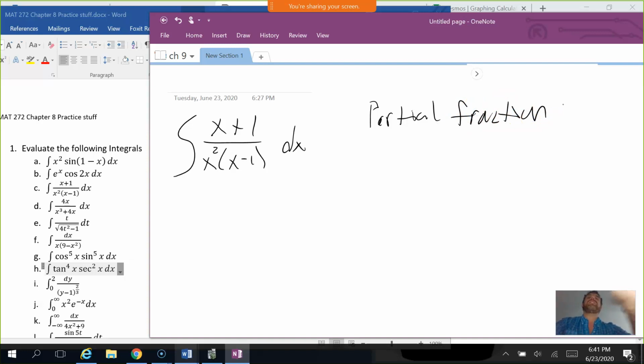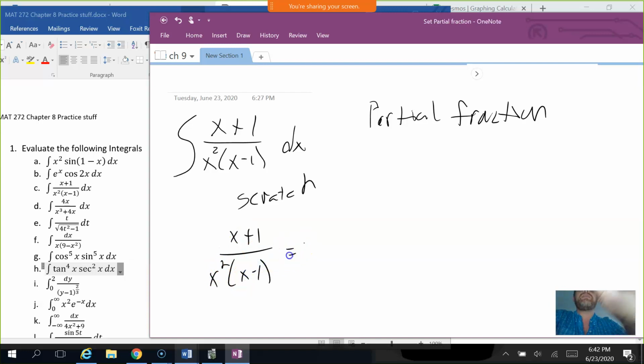So what I'm going to do is go over to scratch paper, and we want to find the partial fraction decomposition of x plus 1 over x squared times x minus 1. We have two linear factors, x and x minus 1.